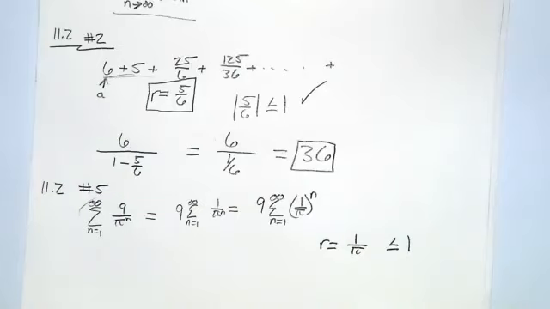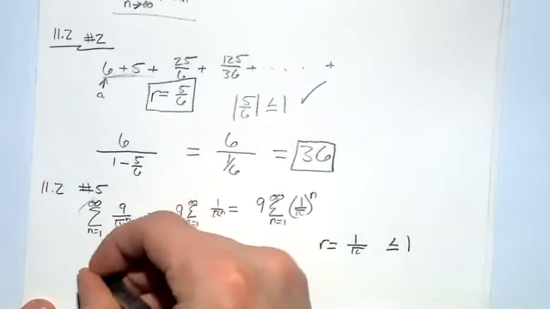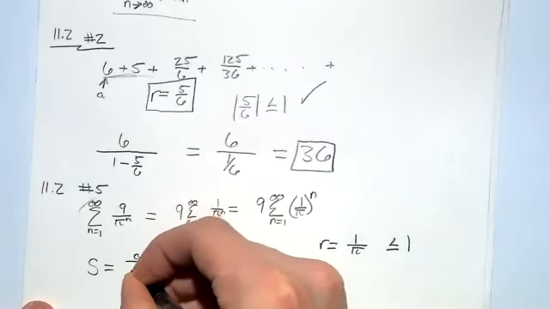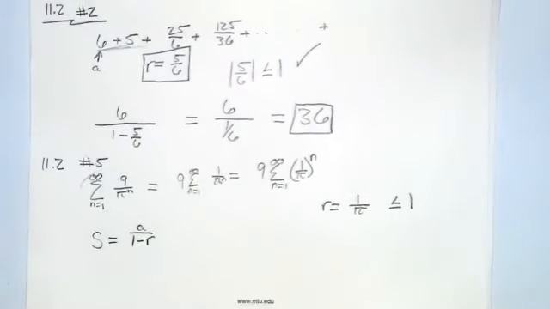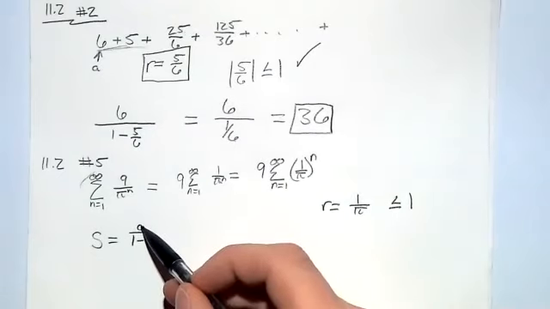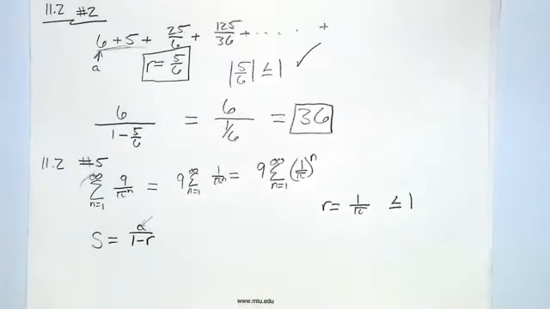Now we need to think about how we're going to find the sum. So now we need to get this general form: our sum equals a over 1 minus r. Problem is we don't have an a yet. When we think about these series, we need to think about this term a as the first term in our series.